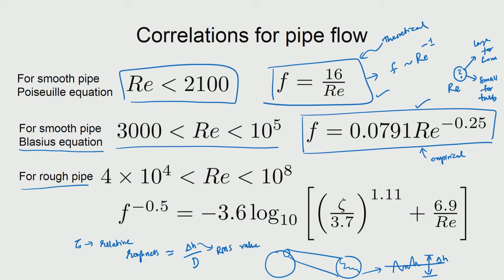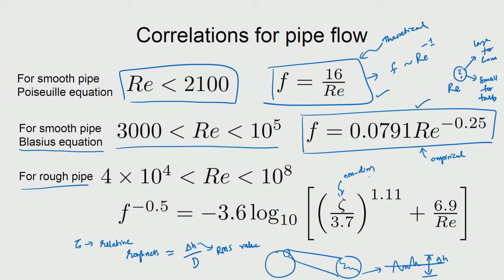In other words, roughness is in length units, and you can say roughness of 50 microns, roughness of half an mm, roughness of 1 micron, etc. And if you divide it by the diameter, we get the relative roughness. So it is basically non-dimensional. Okay.